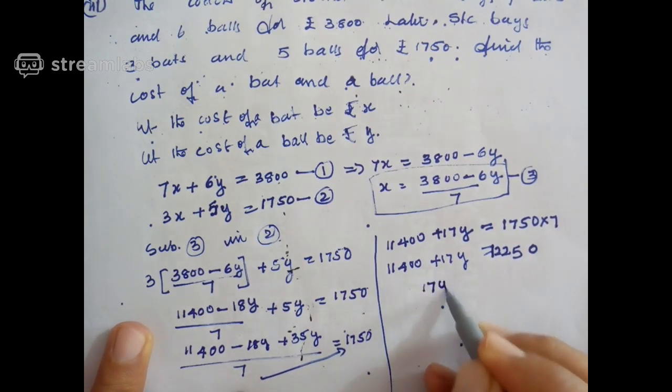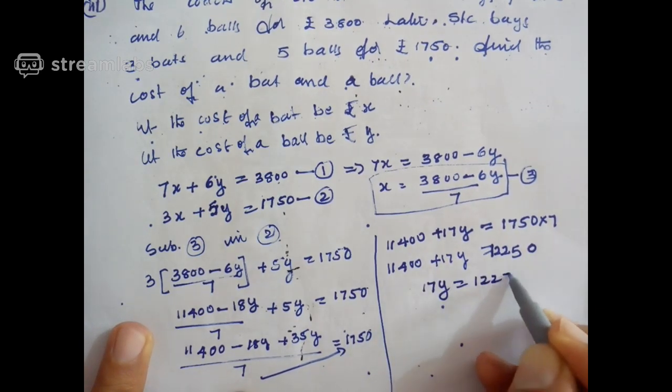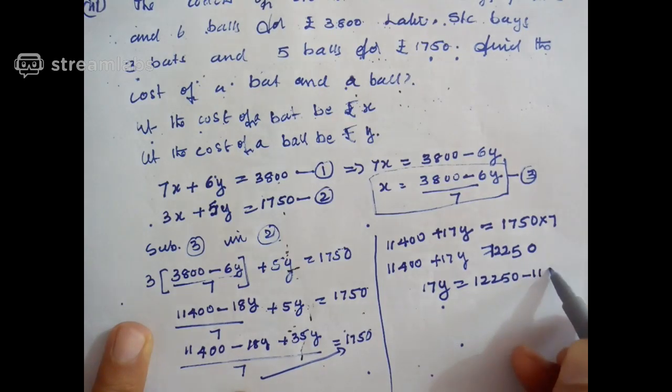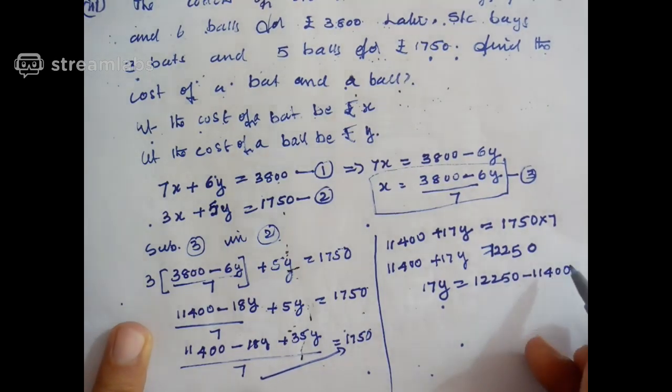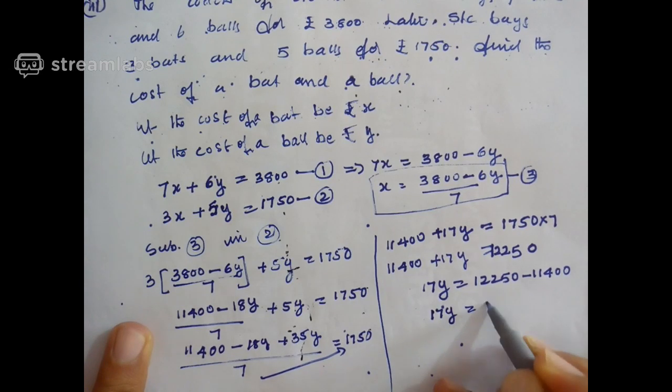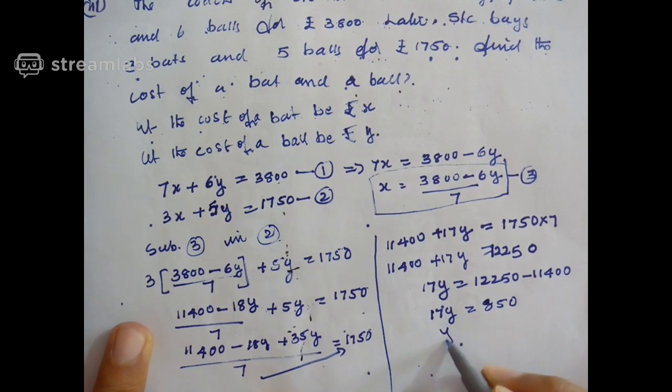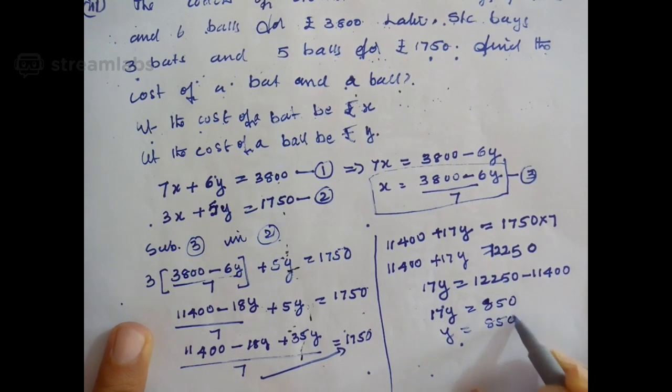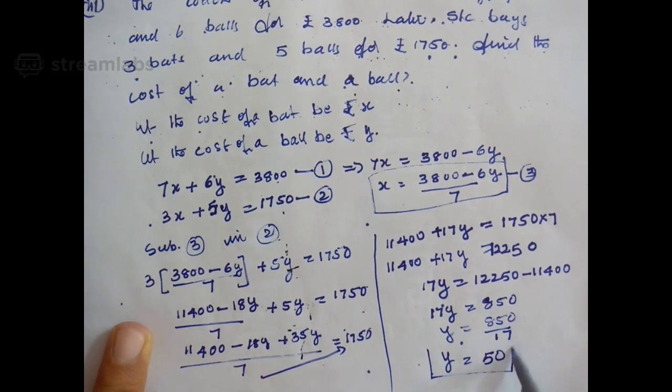Then 17y is 12,250 minus 11,400, so 17y is equal to 850. y is equal to 850 by 17. 17 fives are 85, that is 50. So y is 50.